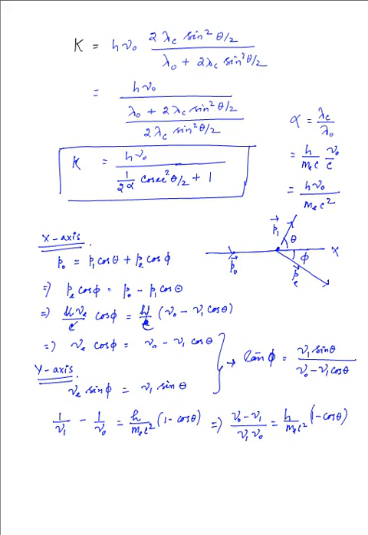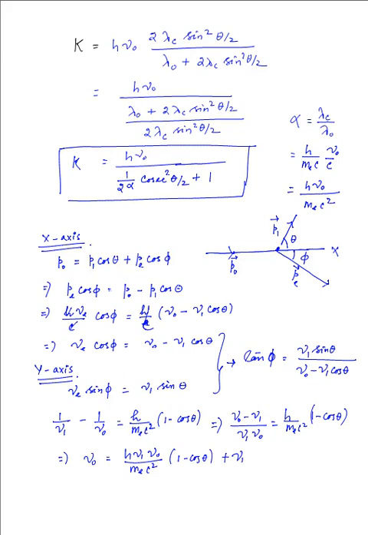Right? And if we just cross multiply, what we get is nu naught simply to be equal to h nu 1 nu naught over mec squared times (1 minus cosine theta), and onto the other side we have nu 1.